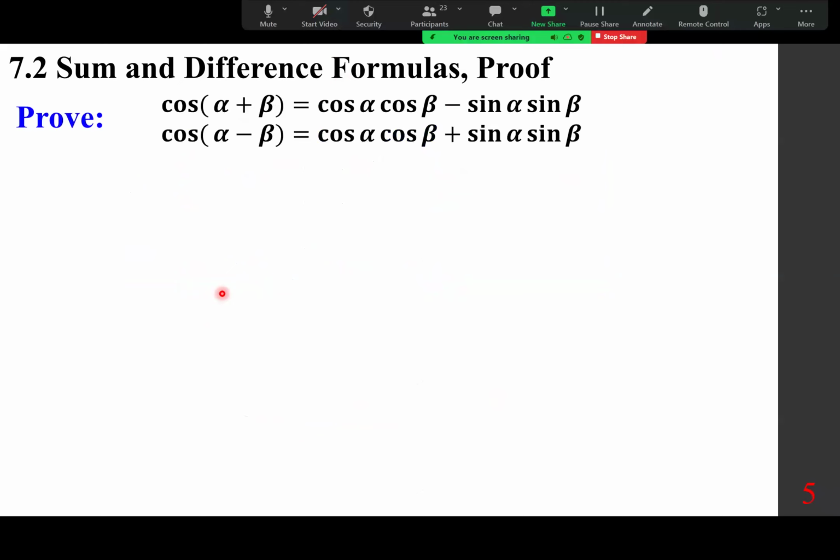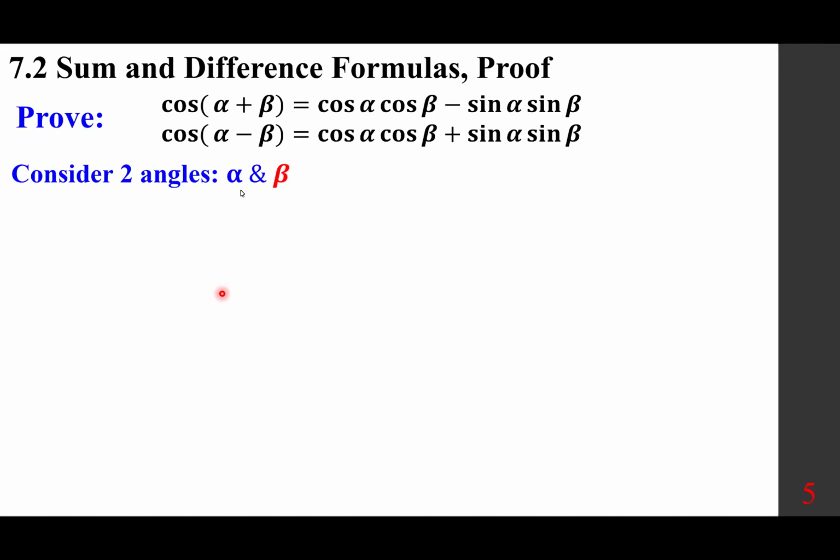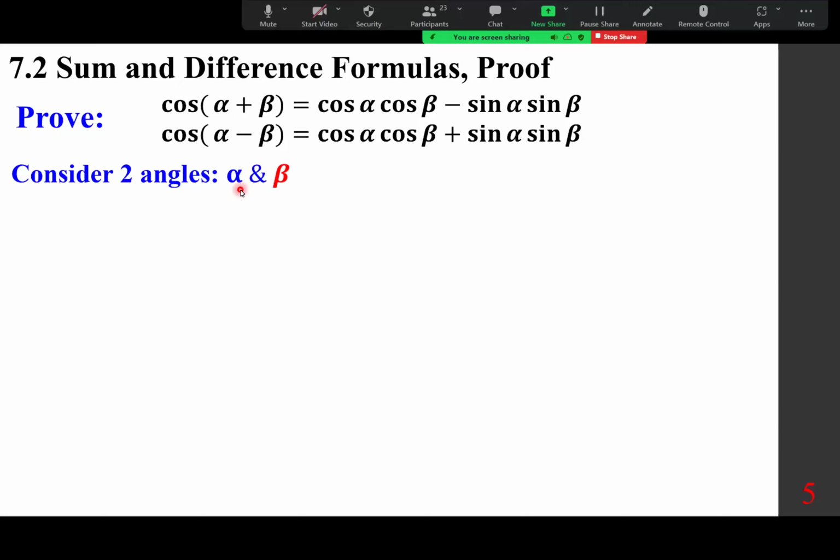So we are starting with cosine, and to understand that, we start with two angles, alpha and beta.